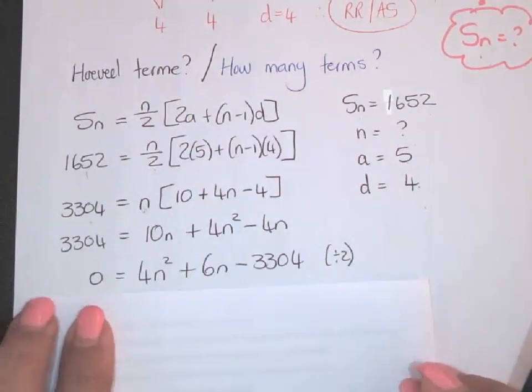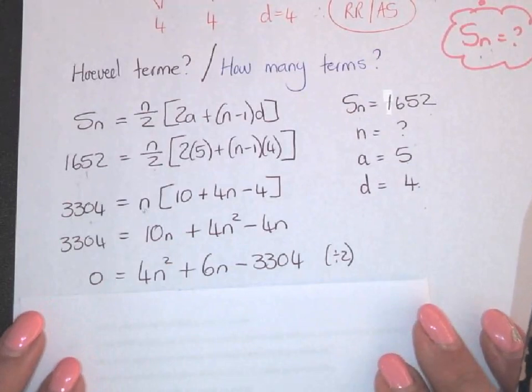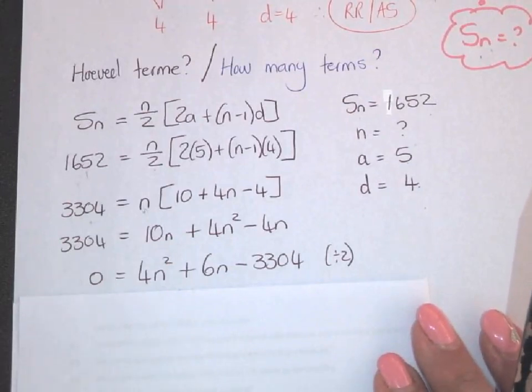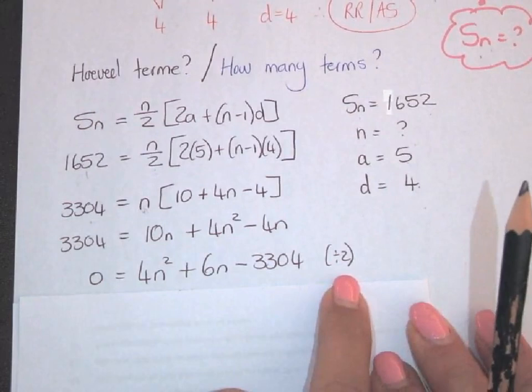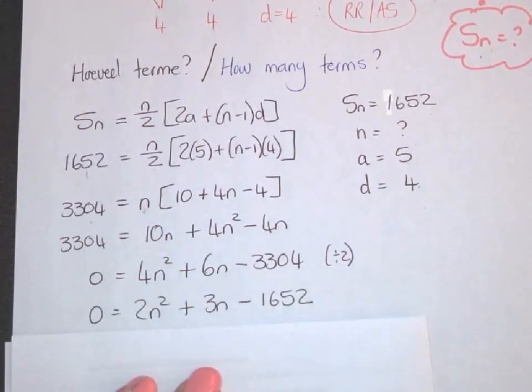I get a very big trinomial. Always look for the common factor, which is 2 in this case, and divide all the terms by 2. It's still a very big trinomial. You're going to take a long time to find the factors.